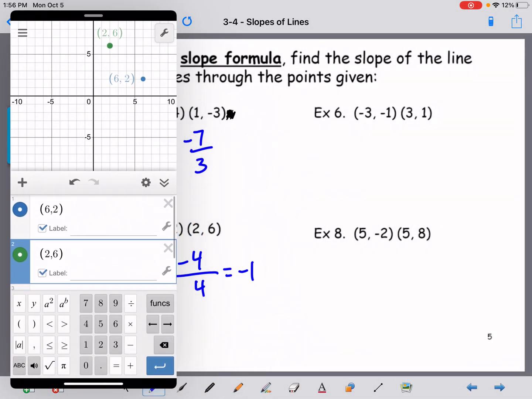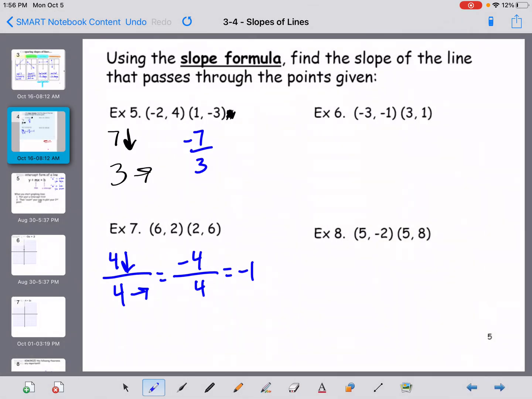All right, the next one. The next two I'm just going to do the formula for, so for those of you who like seeing formulas, you can see this worked out again. So y minus y over x minus x. Some of your algebra teachers may have used the 2's and the 1's. I'm not going to write my 2's and my 1's because that's going to get messy.